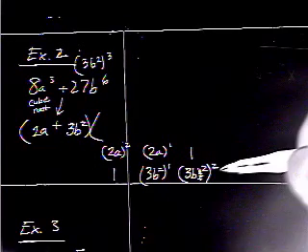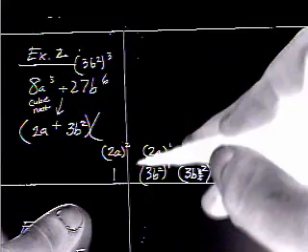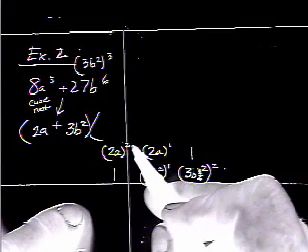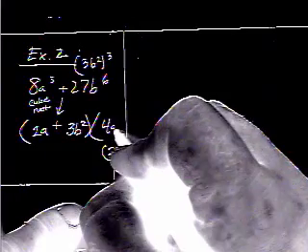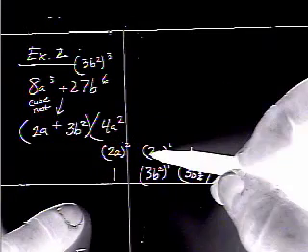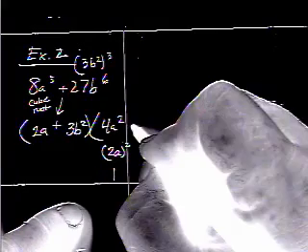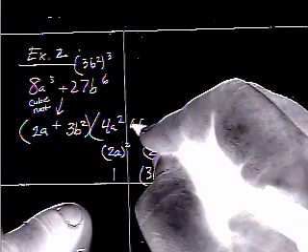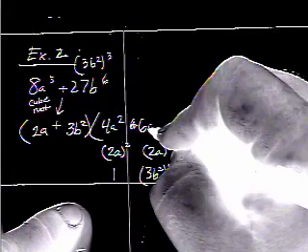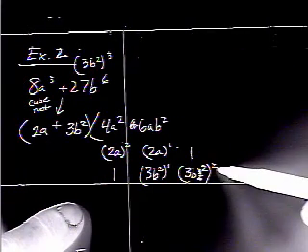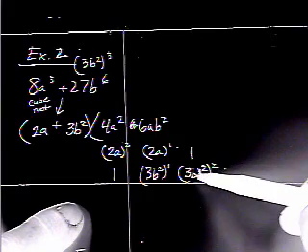Now, multiply everything up into your parenthesis. So that's 4a squared. This is 2 to the first and 3 to the first, so that's 6 a and b squared. And this is 3 squared, which is 9.